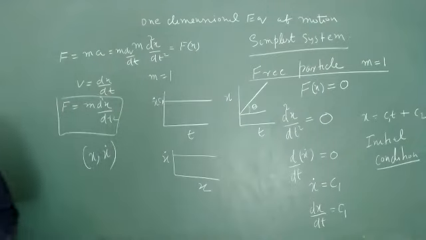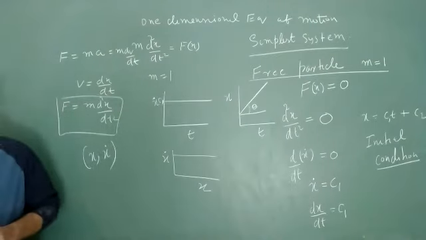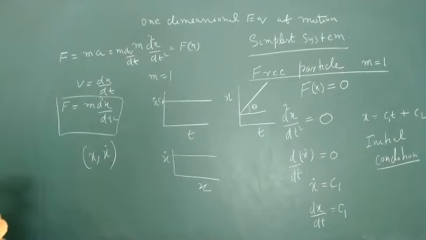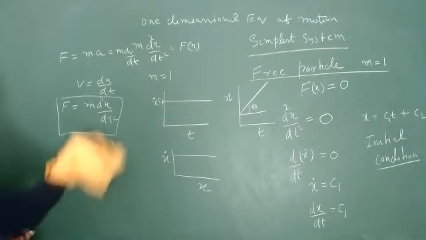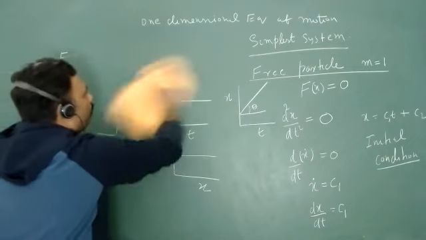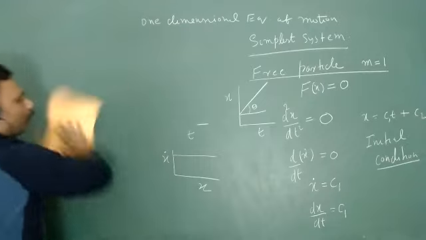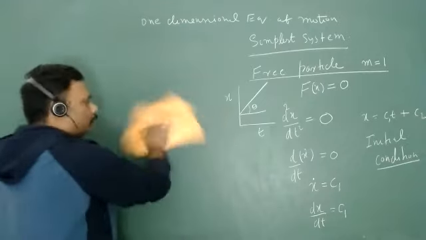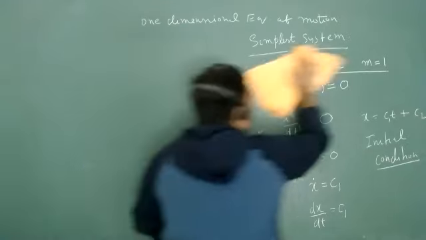They depend on circumstances. So let's go for the second simplest one, and that will be a particle with constant force. That means the force is not a function of x, but there is a force, and it is constant in nature.